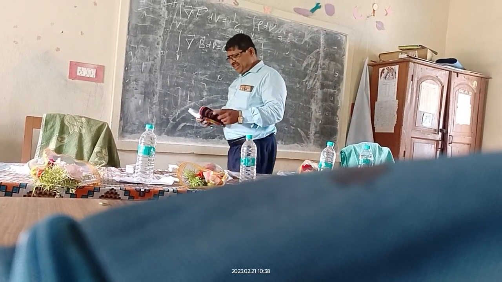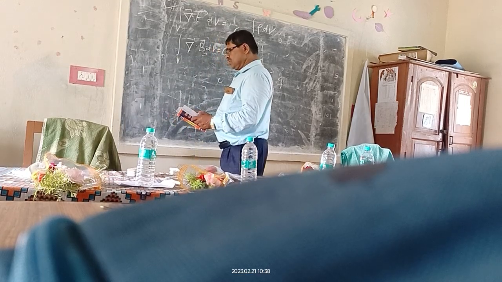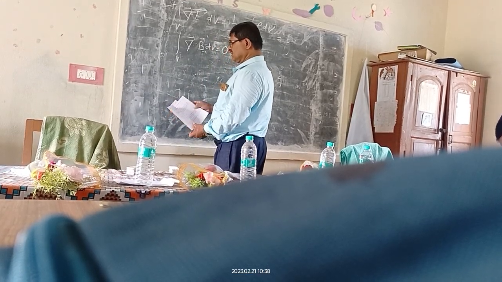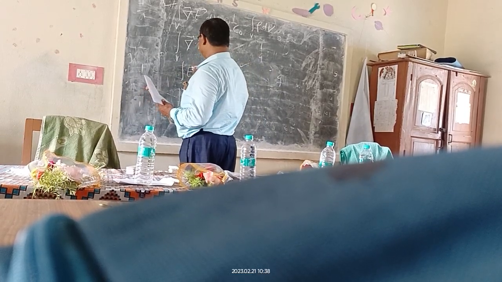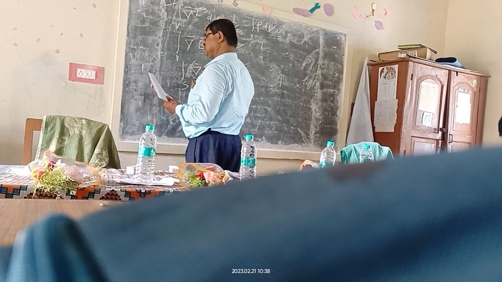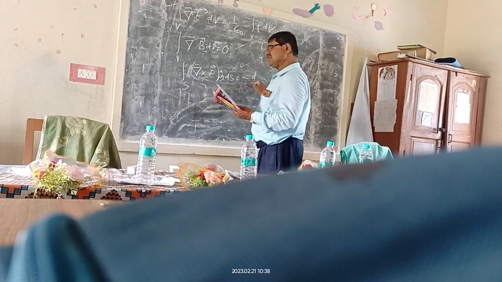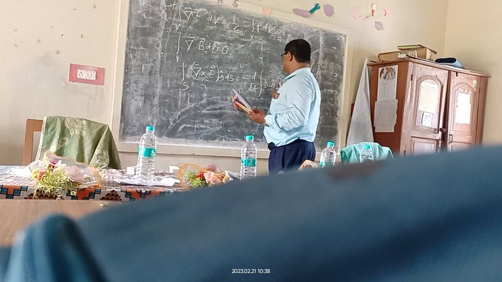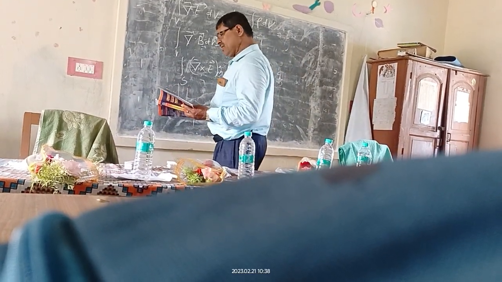And the third integral form is here: curl E dot n cap ds equals minus d by dt of B dot n cap ds. Okay. And the fourth equation you have already found.